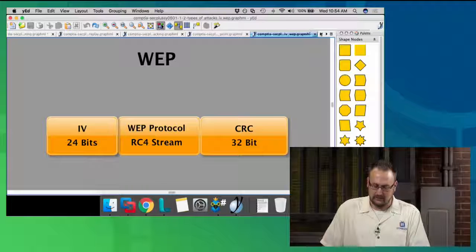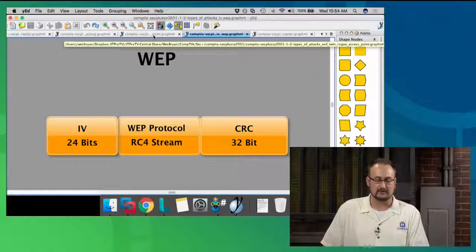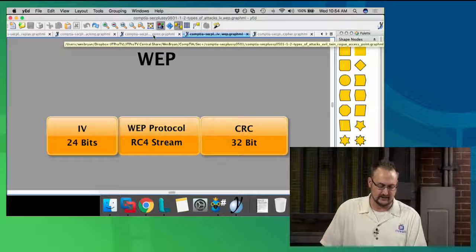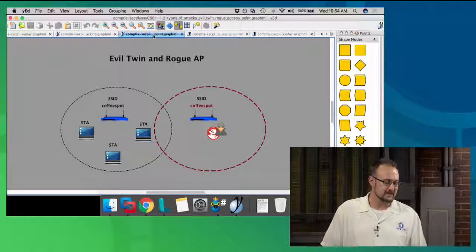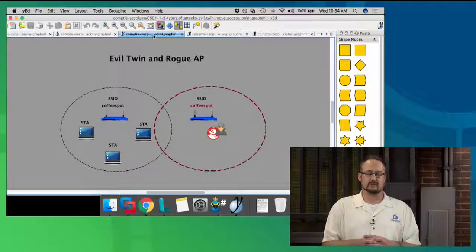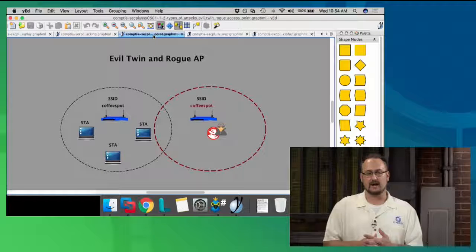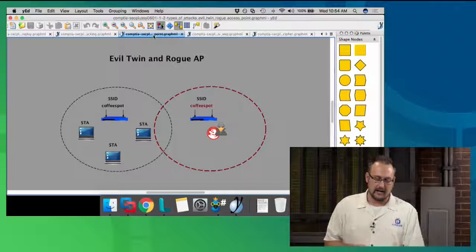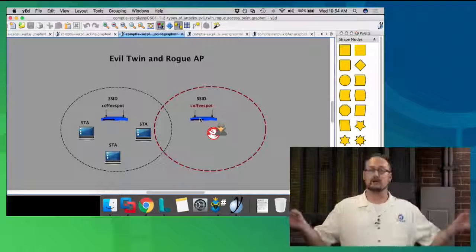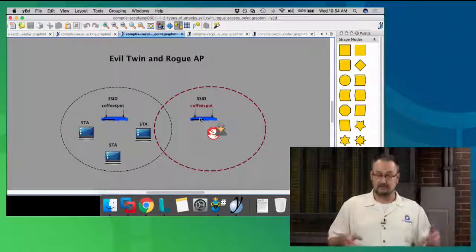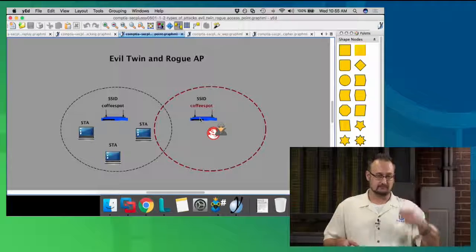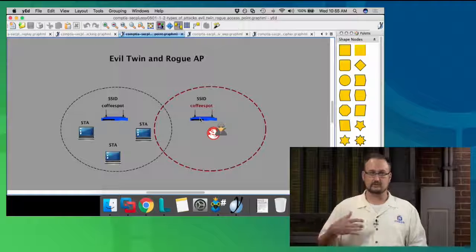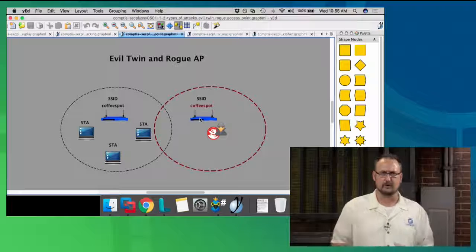All right, now we get to talk about some interesting things. We talk about, for instance, evil twins, and they talk about rogue access points. I'm going to go ahead and talk about them in the same context, right? Because a rogue access point is basically, we've got a wireless network here, right? And from time to time, we'll fire up a wireless access point to do study, to do testing, get ready for our shows, right?